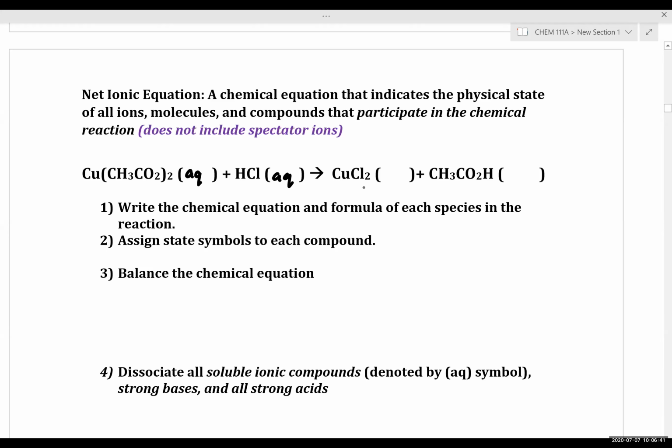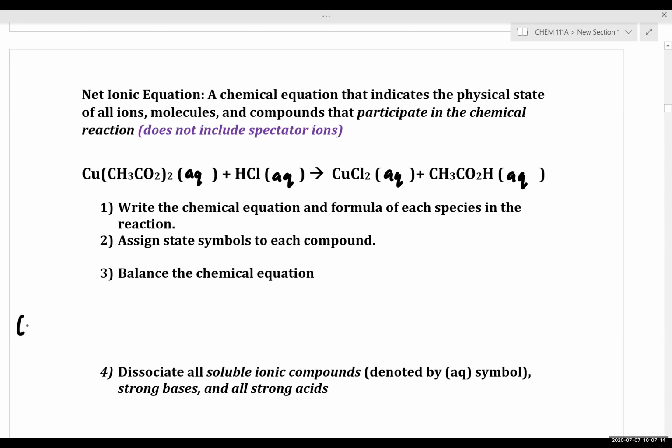Are they generally soluble or insoluble? Copper 2 chloride. It is soluble, yep. Okay, and acetic acid, is that soluble or insoluble? Soluble, yep, exactly right. Acids in general are water soluble.